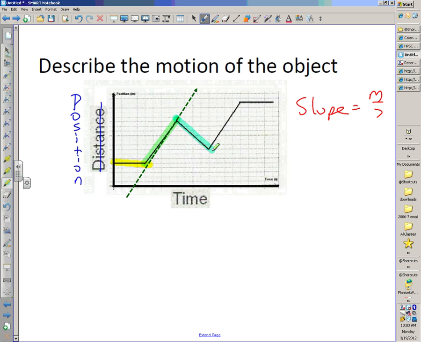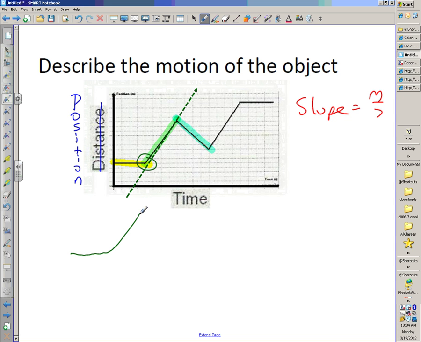Here's the problem. Can I go straight from being at rest to moving with a constant velocity? Can I just be at rest and all of a sudden, boom, now I'm going 10 meters per second? No, I have to speed up. So on this graph in real life, would we see a sharp corner like that? No. It should be more like this and then curve upward, because during this section the slope is changing.